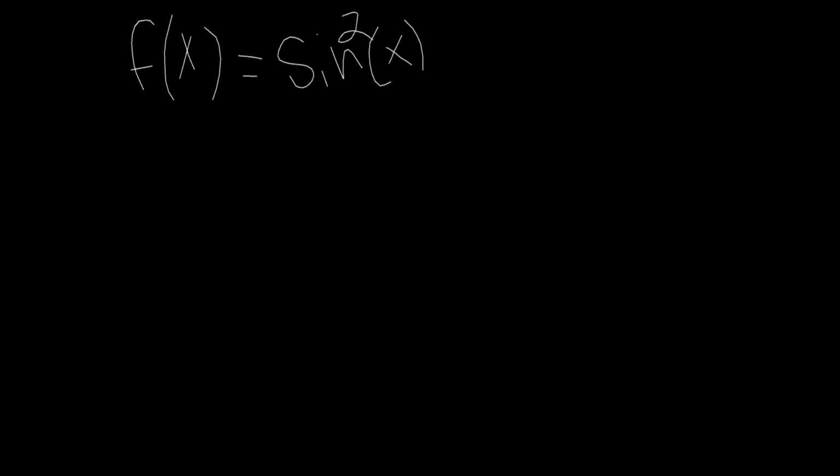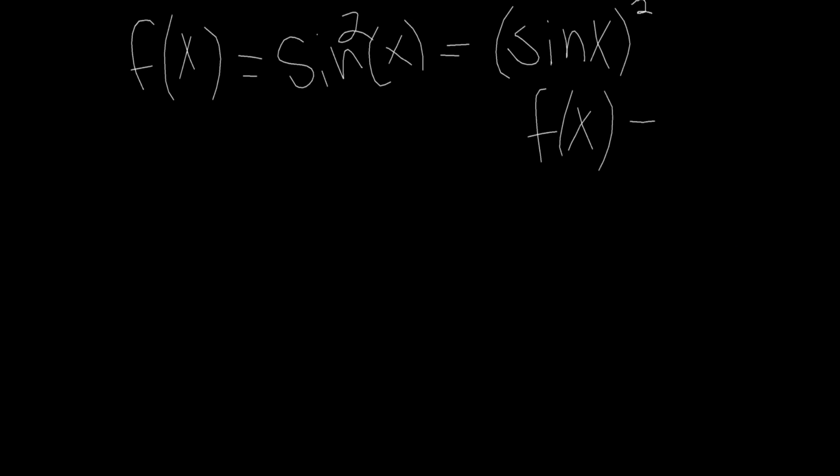In this example, now we see sine to the power of 2 of x. So it is no longer within x, but it's on the outside, which you can also rewrite as sine of x raised to the power of 2. Let me write that properly. There we go. Okay, so now what is our outer function? Our outer function is no longer sine of x, but rather it is x squared.